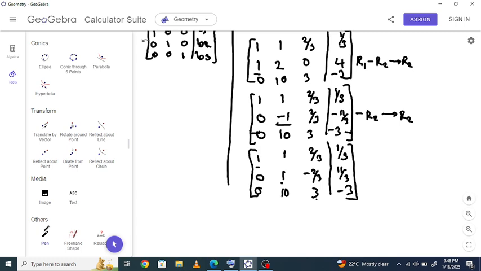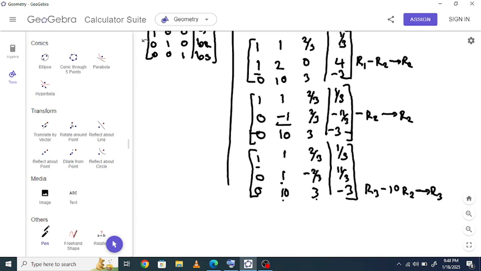We will go ahead, and we also need a 0 at this point. Where we have 10, we need a 0. So we are going to say R3 minus 10 R2 to go to R3. Because if we use R1, we will get a 1 here. So you will be moving backwards, and yet you're moving forward.